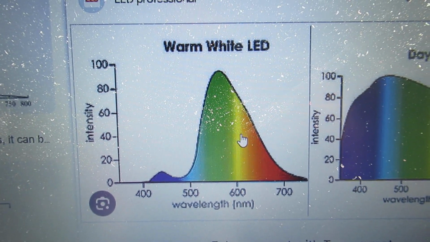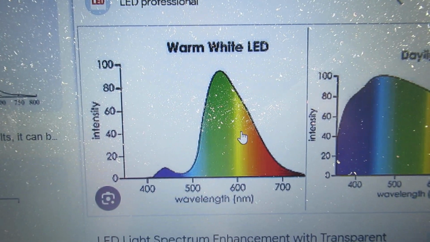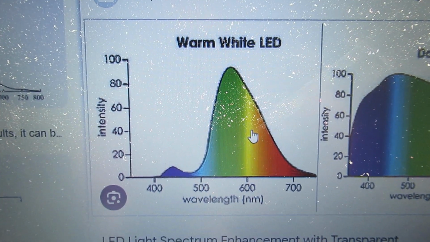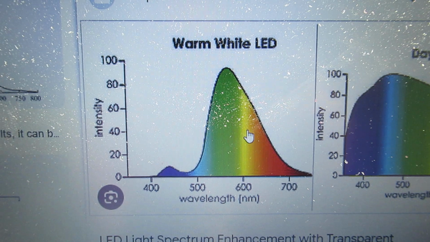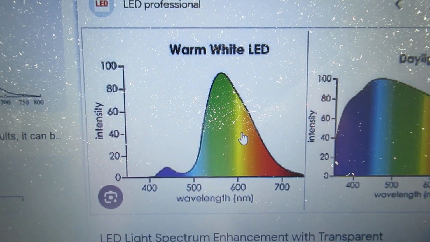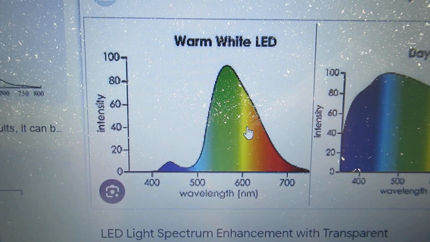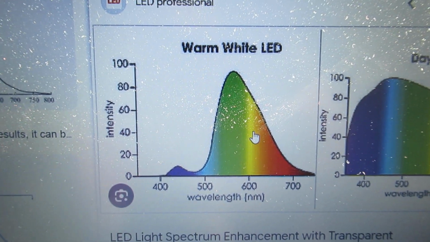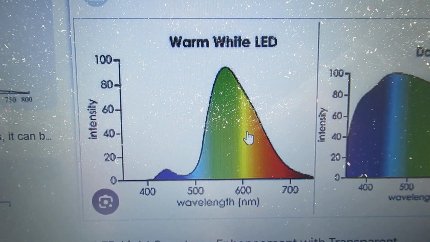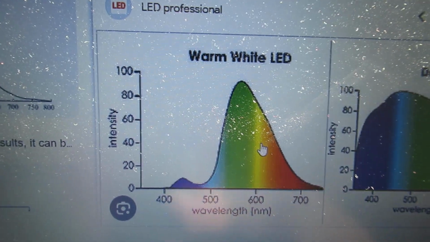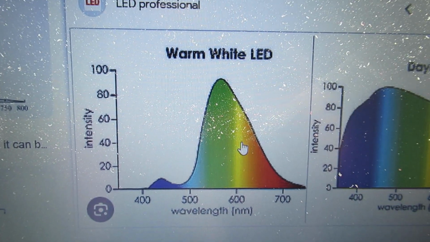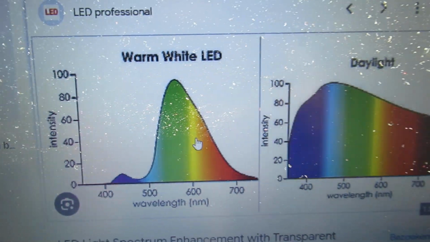Of course I know that not all white LEDs are the same. There are also cool white LEDs. So that means that the cool white LED has, in general, I have to study that, a somewhat other spectrum. Here you see the wavelengths, 400 nanometer up to 700 nanometer.